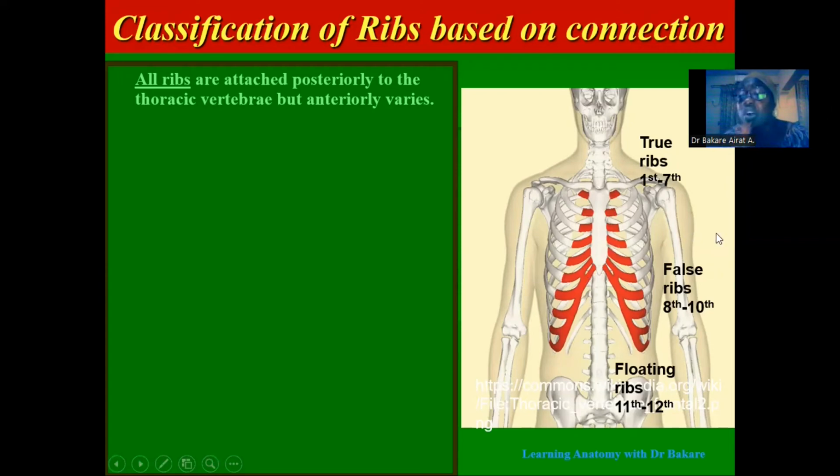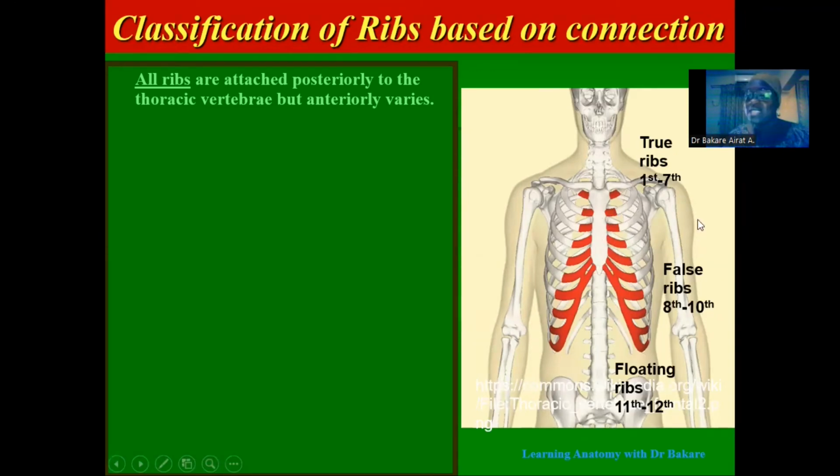All the ribs originate from the thoracic vertebra posteriorly, but when they span through, on getting to the anterior region, they have different patterns by which they are connected to the sternum, either that they are directly connected to the sternum or indirectly connected to it, or even not connected to it at all. And it is on this basis that ribs are classified based on their point of attachment, because posteriorly they are all connected to the thoracic vertebra, but anteriorly is where you have this variation.